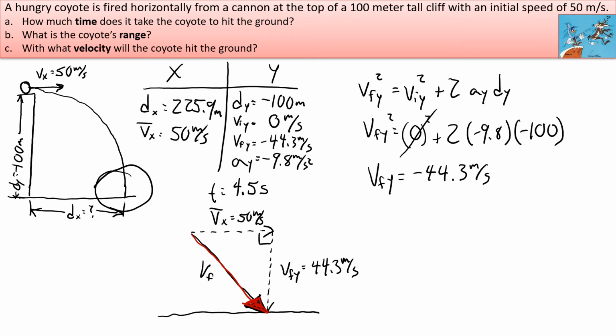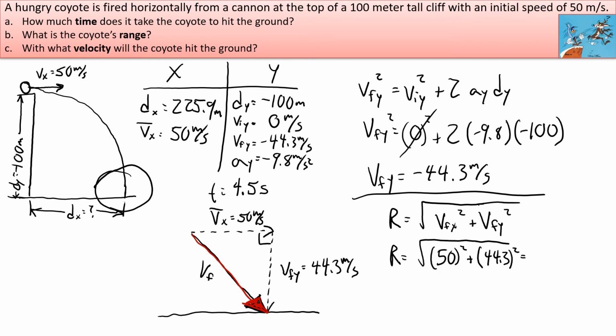So this is a right triangle, and we're just going to use the Pythagorean theorem, and you substitute in. And you get a resultant velocity of 66.78. We'll call it 66.8 meters per second. But remember, velocity is a vector which has a magnitude and a direction.